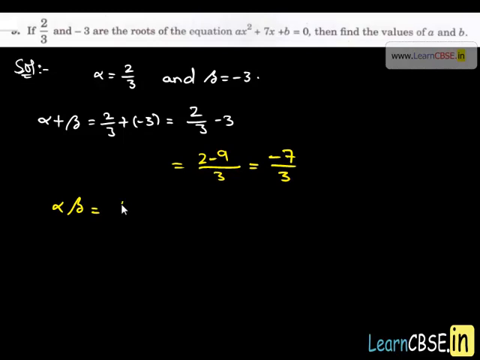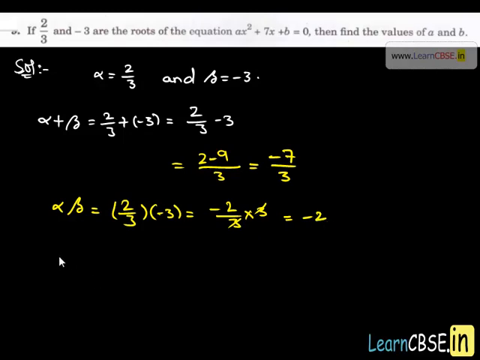Similarly, the product of the roots is equal to 2 upon 3 times -3, which is equal to -2 upon 3 times 3. The 3 in numerator and denominator get cancelled out. We have the product of the roots as -2.